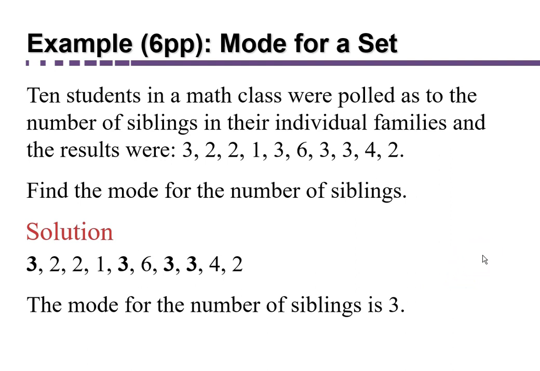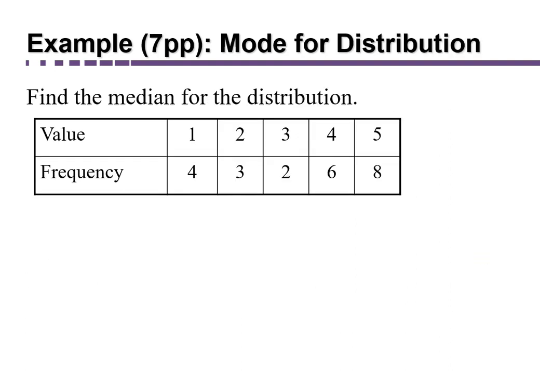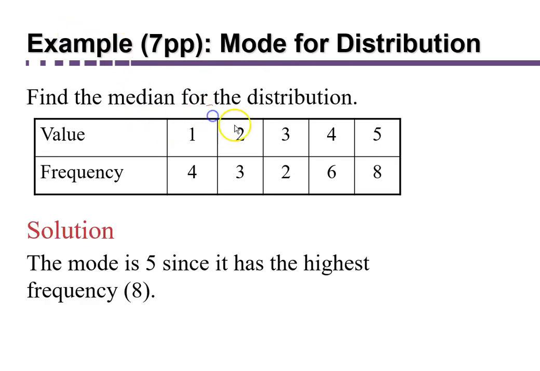And they're summarizing this, the mode. Okay, so for example 7, they're asking us to find the mode for the distribution here. This would be the easy one, because looking at frequency, we just say which one is the highest, and it's here at 8.